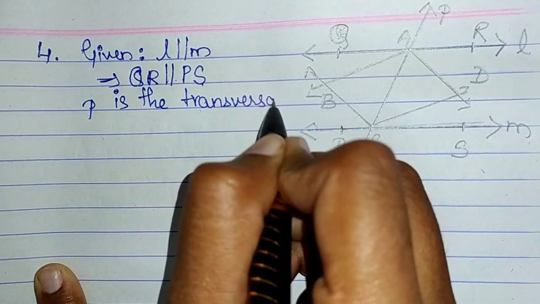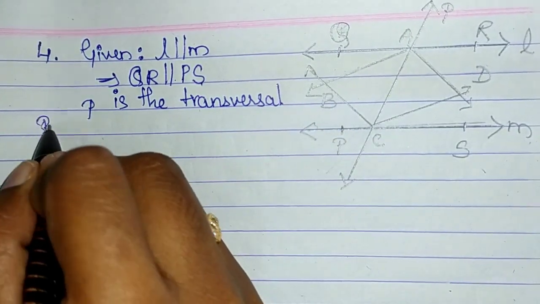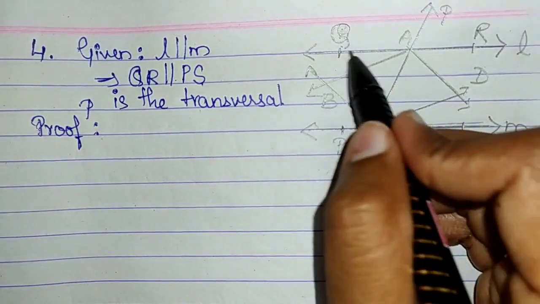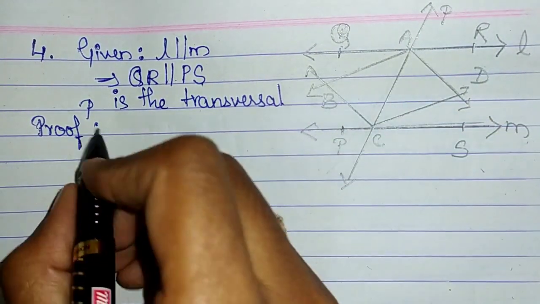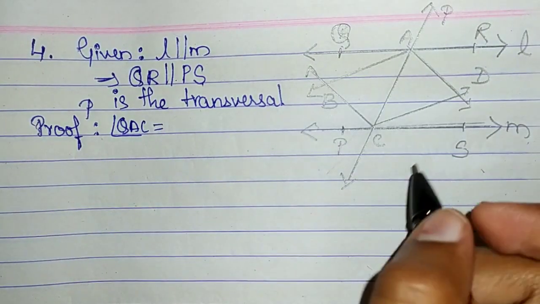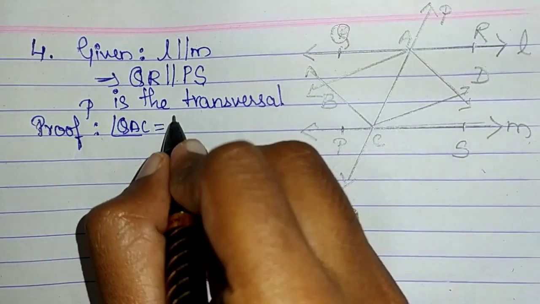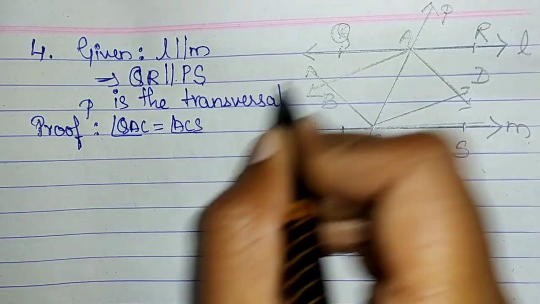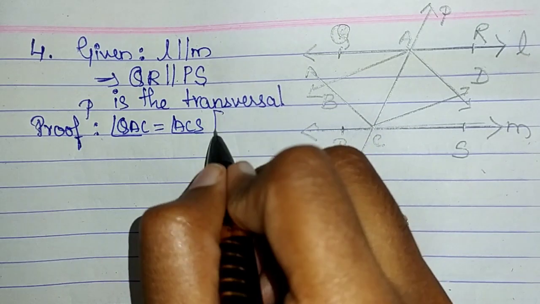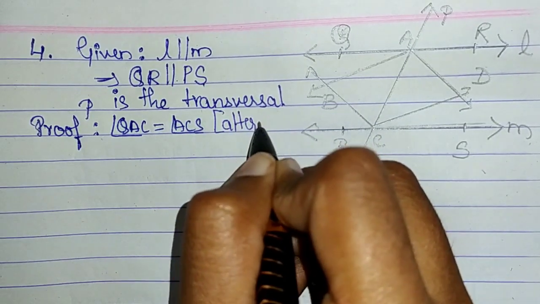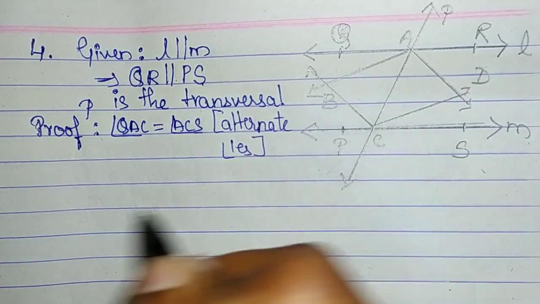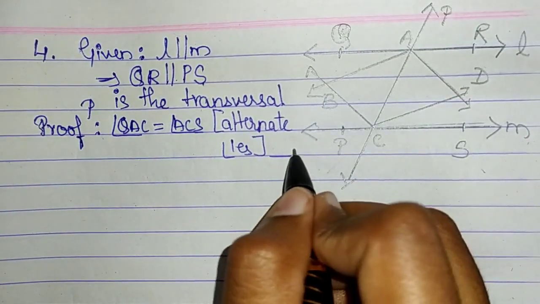So proof: angle QAC is equal to angle ACS, because they are alternate angles. So this is the first result.